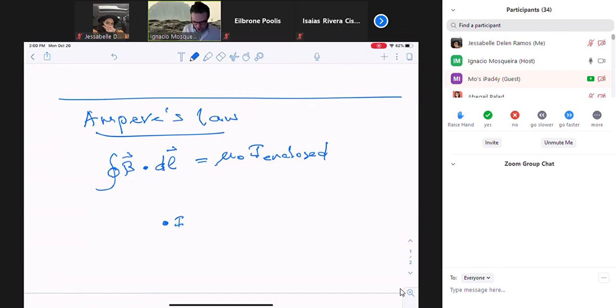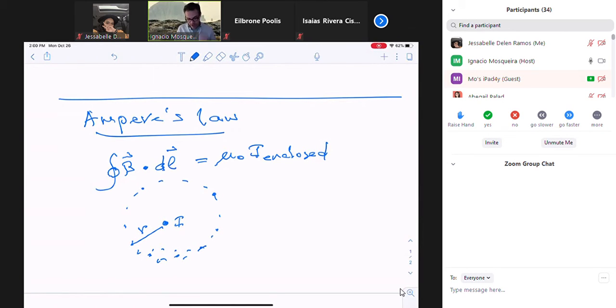Since this is a wire, by symmetry, if I go around this wire at the same distance r from the wire, it's obvious that the magnitude of the B field is going to be the same here, here, or everywhere else.